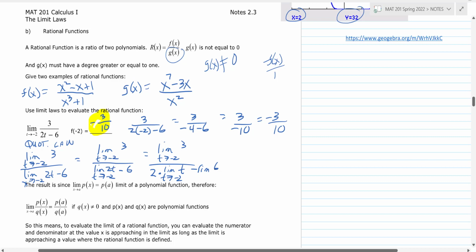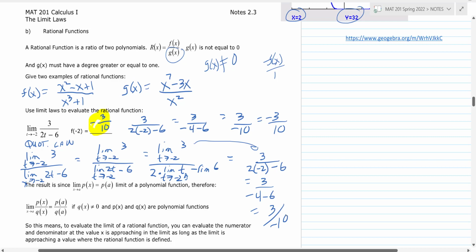And notice what I'm doing on this. If you break these up using the limit laws, the limit of a constant is always that value. So the limit of 3 is 3. Plug in the negative 2 into t, you would have 2 times negative 2. And then the limit of the constant 6 is 6. So you still get 3 over negative 4 minus 6. So you're still getting the same answer.